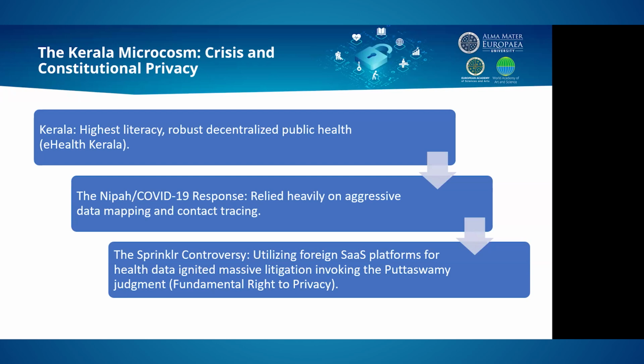The state utilized aggressive AI-assisted data mapping to contain the spread. It saved a lot of lives. But because they utilized foreign SaaS platforms to process the data, it triggered a massive legal war over the fundamental right to privacy because people's movements were tracked by the government. It proved that in a crisis, without sovereign unified data laws, the tension between public health and constitutional privacy will absolutely explode.